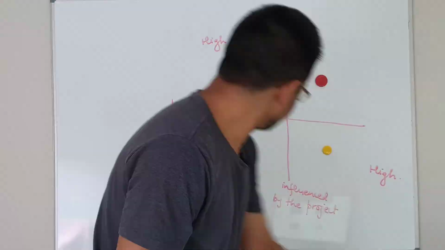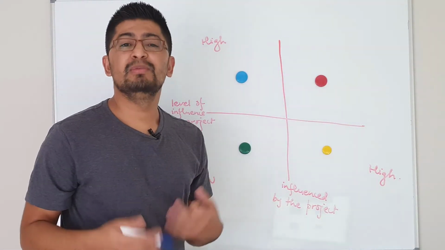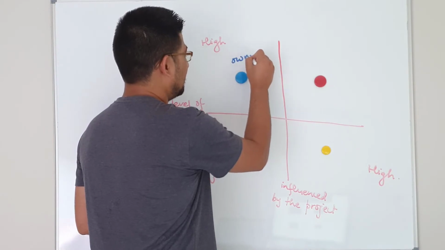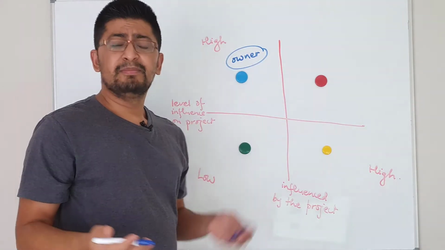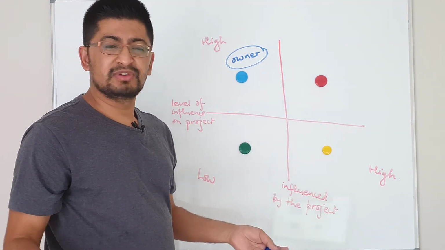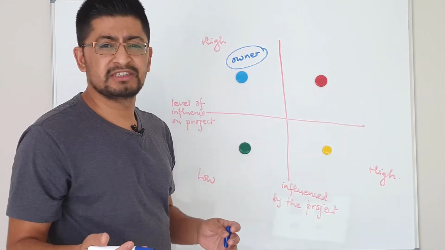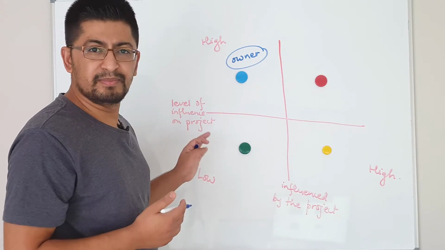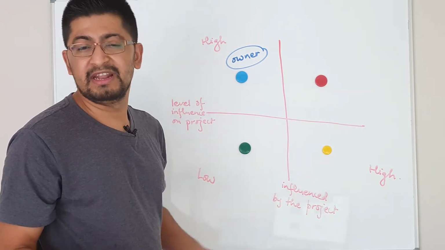For example, if you are working in a food manufacturing company, the owner of the company will fall here. The owner will have high influence on the project, but if the project is unsuccessful, the impact on the owner may be small because it is a multi-million-dollar company.